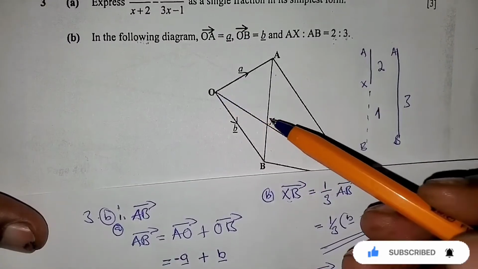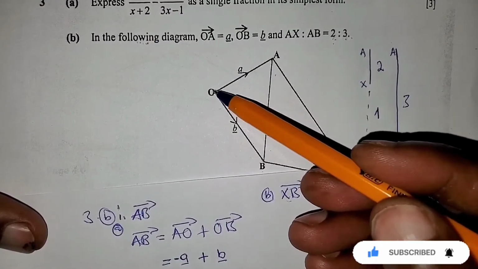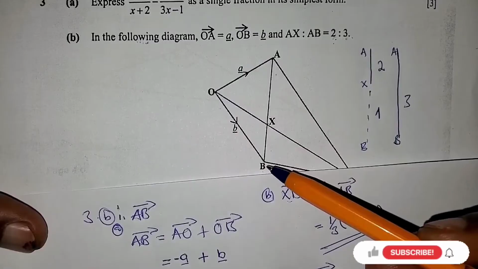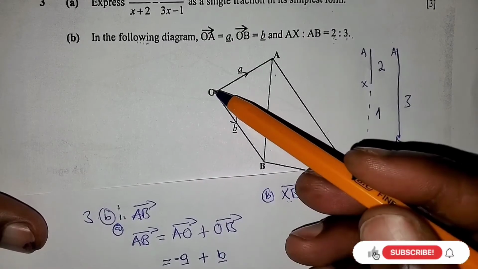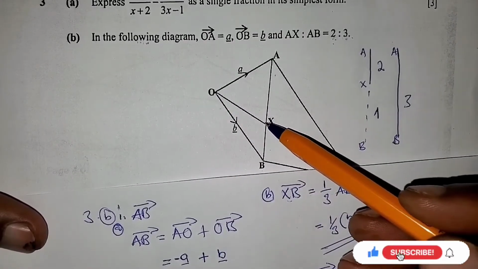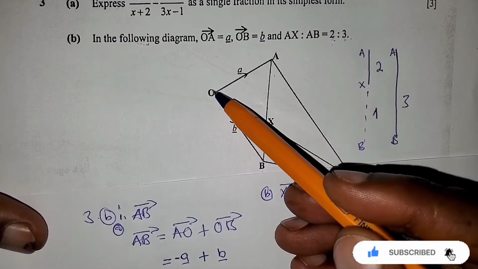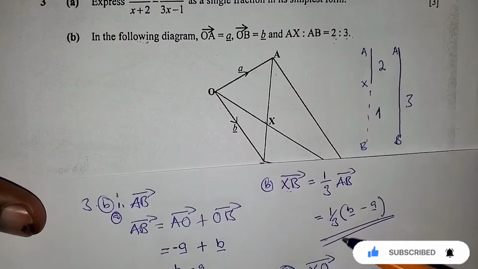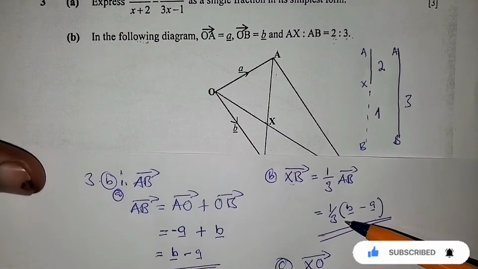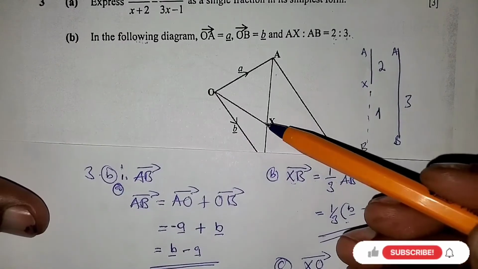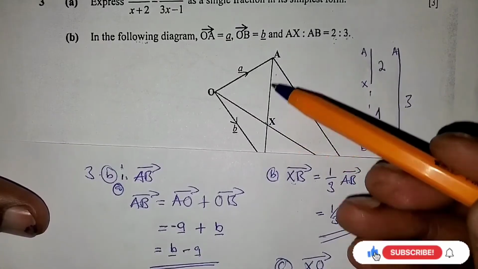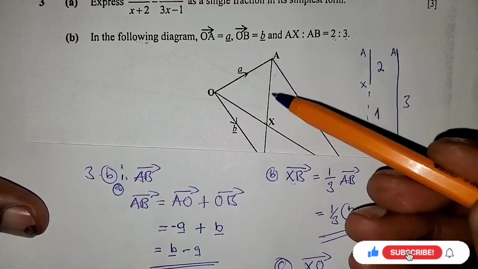XO. So we're going to say XO plus O, XO here. X is the origin. We're going to move XB plus BO, because XB we've already calculated is this one. But XA, we don't know, would have moved here if we knew this one.